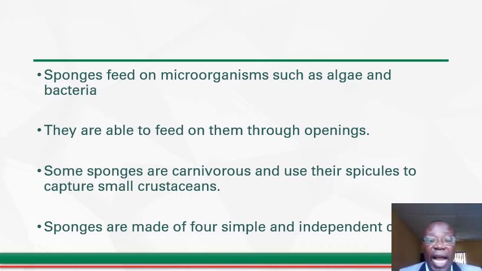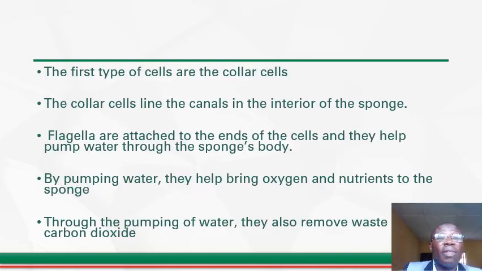So the sponges are made of four simple and independent types of cells. The first type of cells are the collar cells. The collar cells usually line the canals in the interior of the sponge. Then the flagella are attached to the ends of the cells, and they help pump water through the sponge's body.